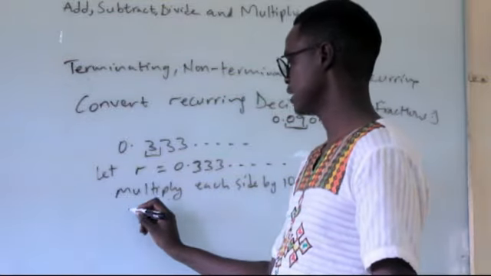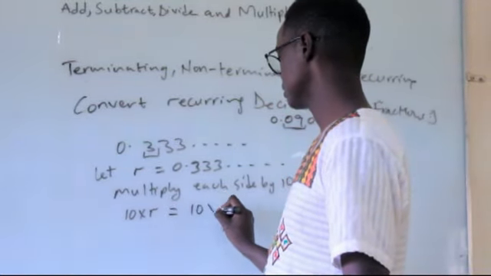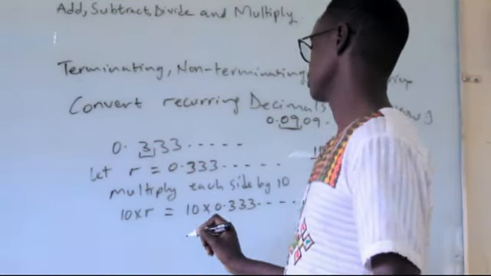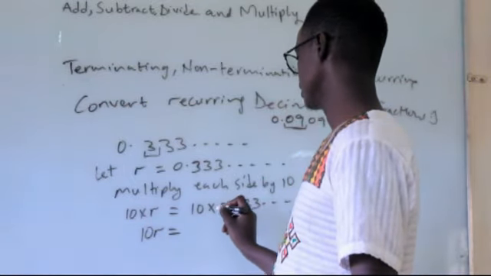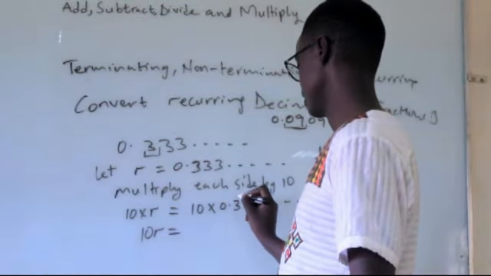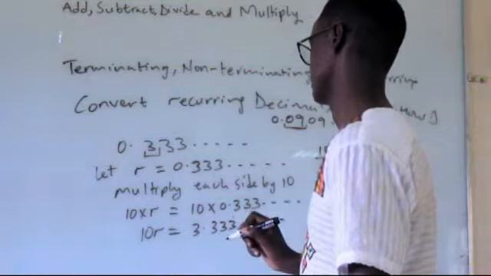So we have 10 times r equal to 10 times 0.333 recurring. So 10r is equal to 0.3 times 10, we move the decimal here, so we have 3.333 recurring.